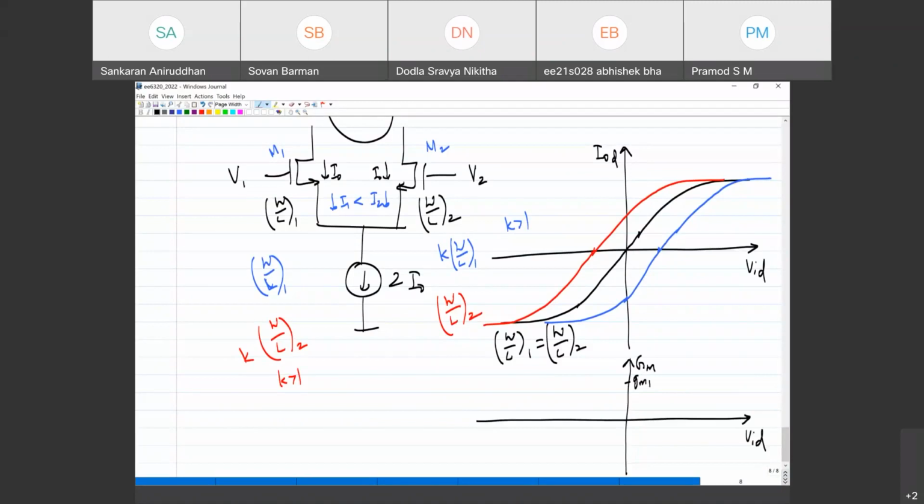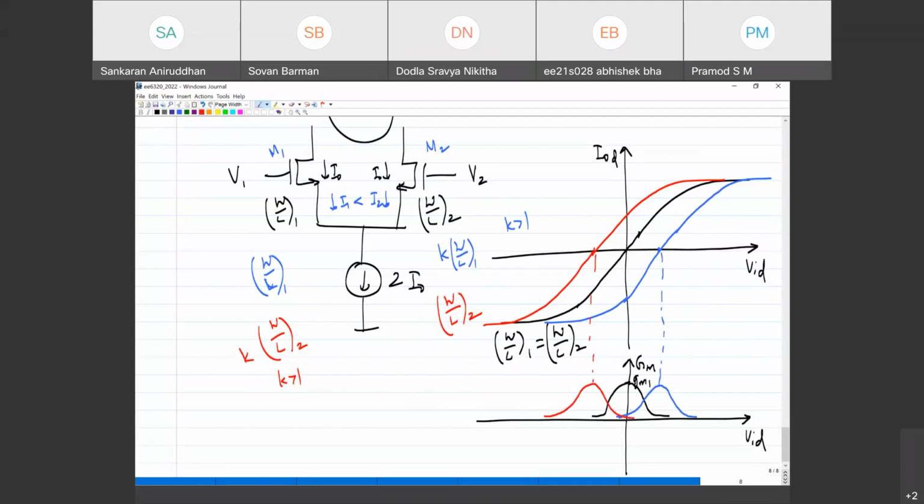You can see that the slope of that curve is falling off. For the blue curve, the maximum slope will occur here somewhere. For the red curve, the maximum slope will occur here.